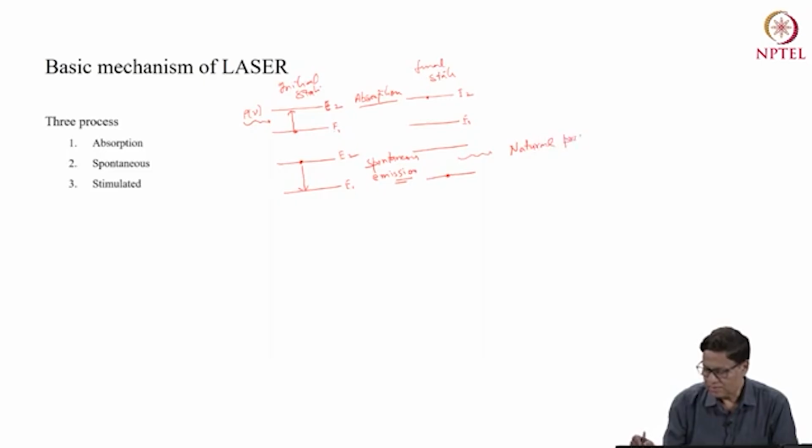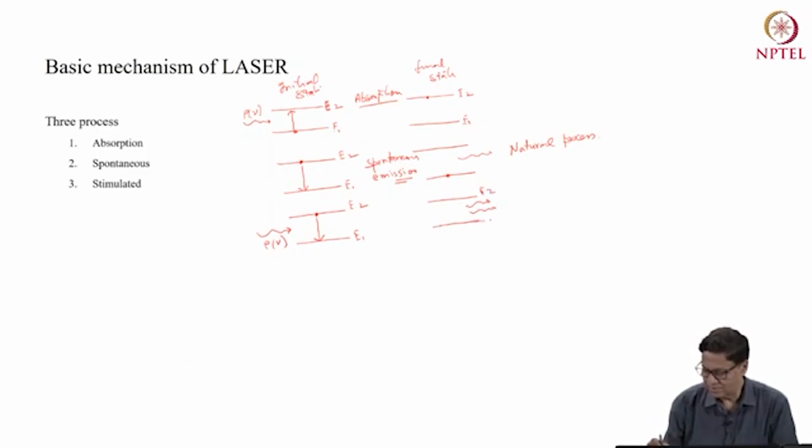The third process is stimulated. So what happens in stimulated? Again, let us consider two-level system, E1 and E2. If the light flux density rho nu falls onto this matter, then the electron from here is actually forced to come down to lower energy state, and in the process it is emitting more photons.